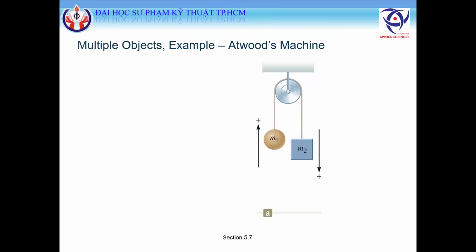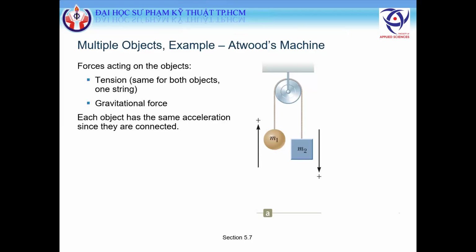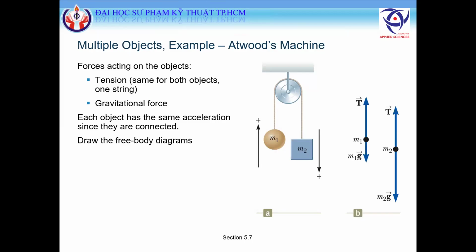Okay, so this is again the Atwood machine. We have the tension force for both objects and the gravitational force for the two objects, and then we draw the free body diagram.